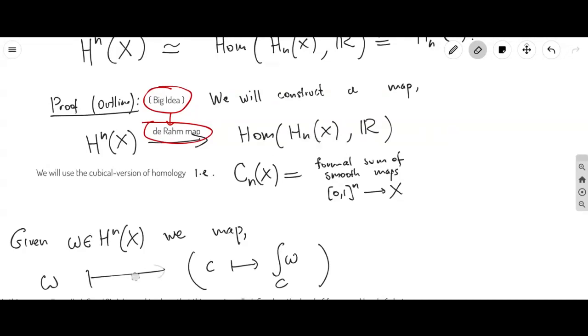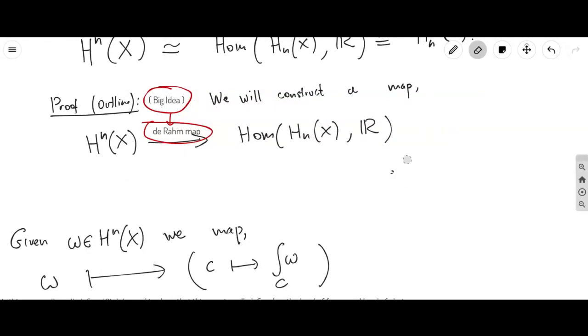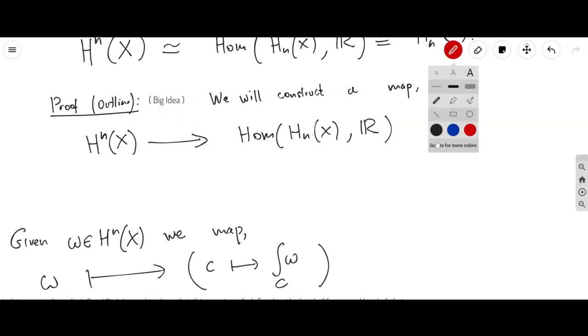So how do you map it? Well, so omega is being mapped. If you prefer it like this, you can basically say the de Rham map does this. Maybe we call this map D for de Rham. So let's call this D. No, let's not call it lowercase d. That looks funny. Let's call this DM.